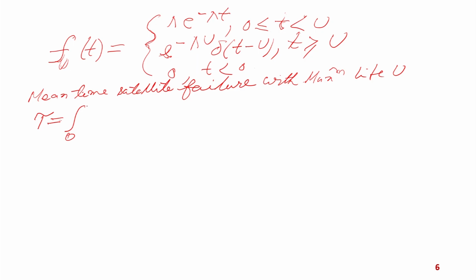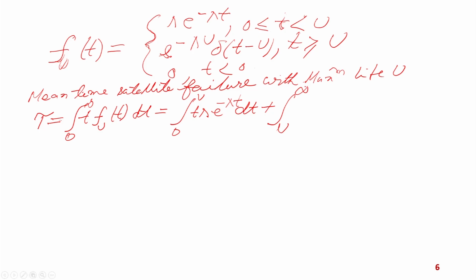It is the integral from 0 to infinity of the random variable t multiplied by the probability density function f_u(t) dt, and this we will get as the integral from 0 to u of t lambda e to the minus lambda t dt, plus the integral from u to infinity of t e to the power minus lambda u delta(t minus u) dt.